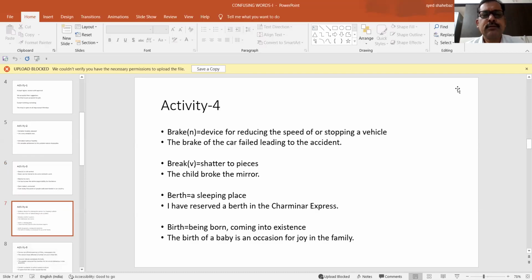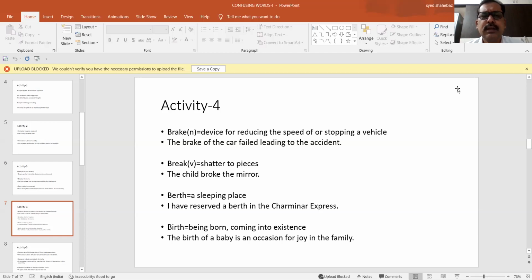Come to activity 4. The first set of homophones, brake, B-R-A-K-E. This is a noun. Brake is a device for reducing the speed of or stopping a vehicle.